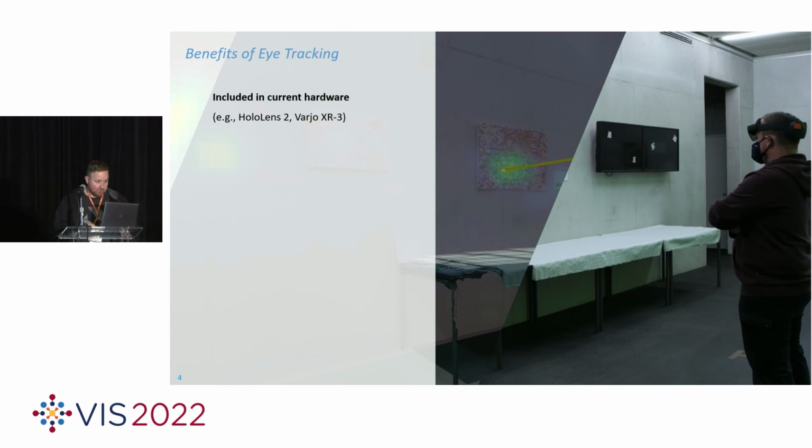If we talk about the benefits of eye tracking in general, the first thing is that if you use some hardware like the HoloLens 2, then you already have it and maybe just are not using it so far. But it would be beneficial if you want to find out how people solve tasks you give them.